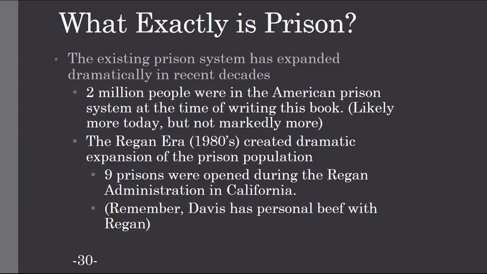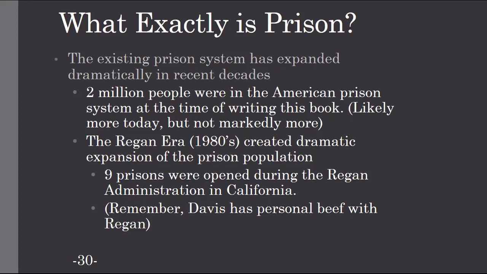So one of the first things that Davis brings up is that the prison system has expanded dramatically in recent decades, and there are currently 2 million people in the prison system at the time of Davis's book. There are more in there than when this book was written in the early 2000s.